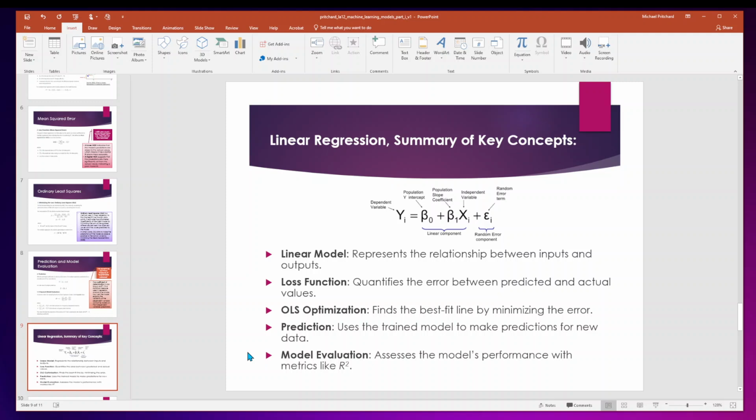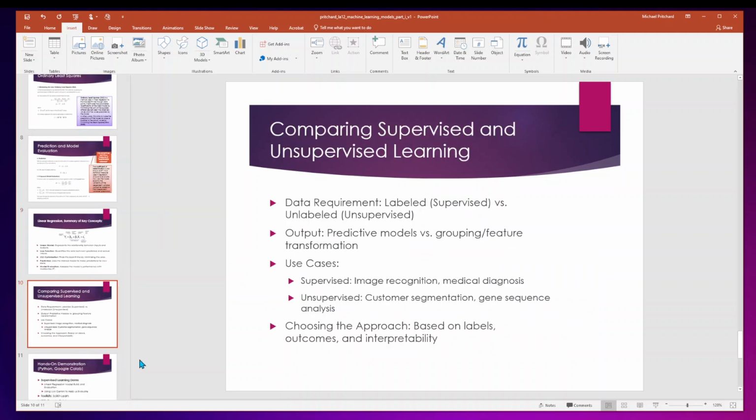And then for the model evaluation, we're going to be using 2 metrics. We're going to be using the MSE, and then we're going to be using the R2. Okay, let's see. What do I have left here? All right. So that's a summary, a recap of linear regression.